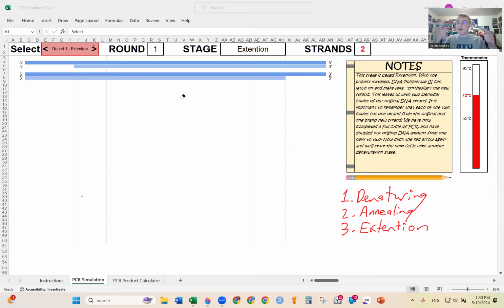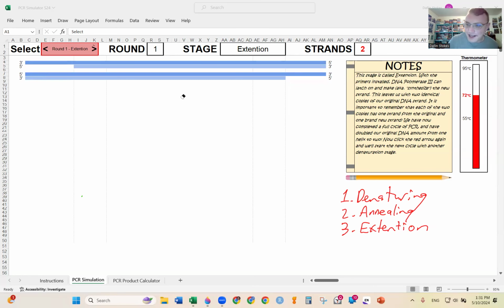So now I went from one copy of one double-stranded piece of DNA to 2 double-stranded pieces of DNA. I've doubled it. Now, the next step in DNA replication in the cell is you got to come in and cut out your primers with DNA polymerase 1. Well, here we did another shortcut.